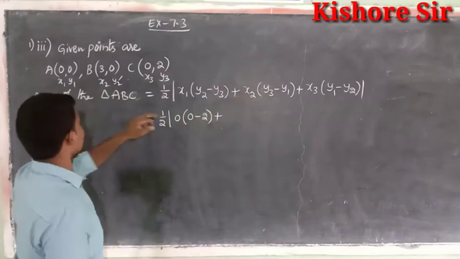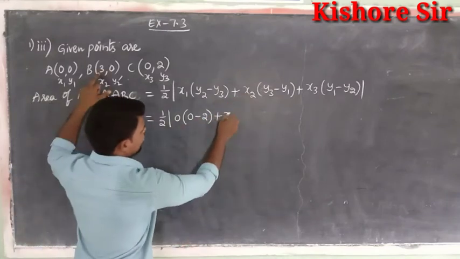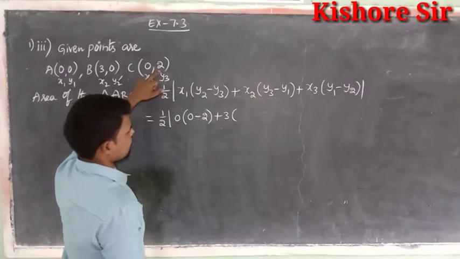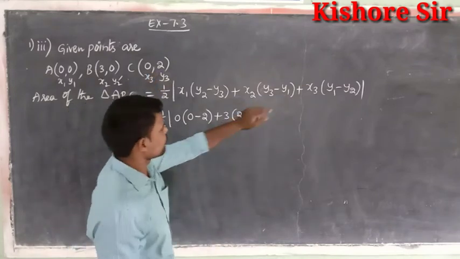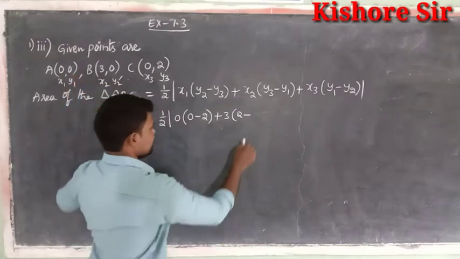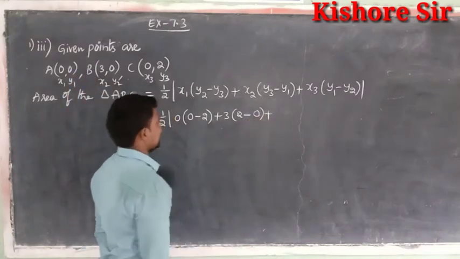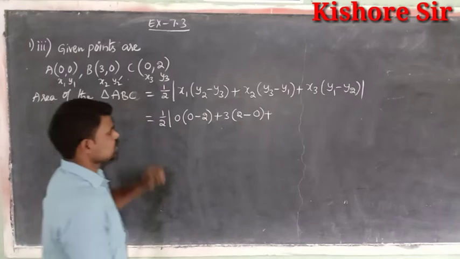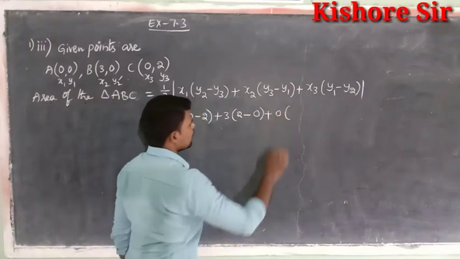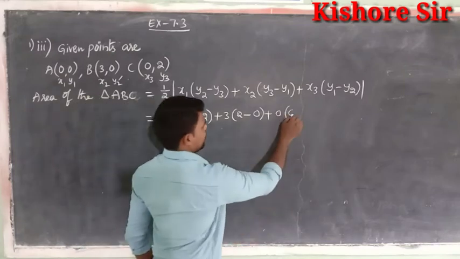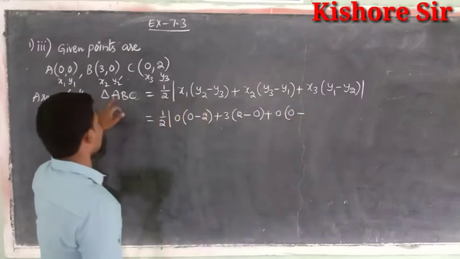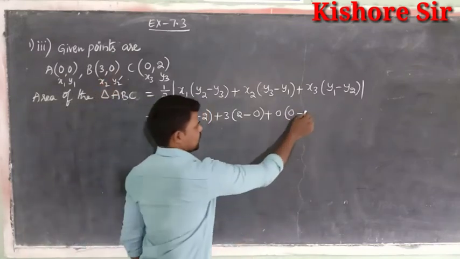The value of x2 is 3, into y3, value 2, minus the value of y1, which is 0, plus x3, value 0, into y1, the value of y1 is also 0, minus y2, the value of y2 is also 0.